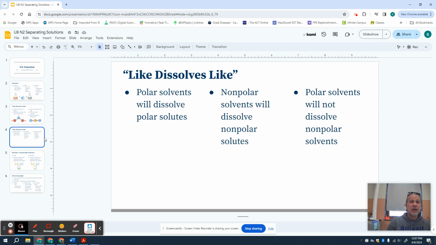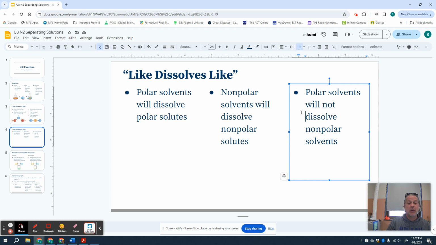So things like rubbing alcohol can dissolve Sharpie ink because both of those substances are nonpolar. But water, which is polar, does not do a really good job of dissolving Sharpie ink, which is nonpolar. So that's the next part of this, which is that polar solvents will not dissolve nonpolar solutes. Polar things will dissolve each other, nonpolar things will dissolve each other, but polar things cannot dissolve nonpolar things, and vice versa.